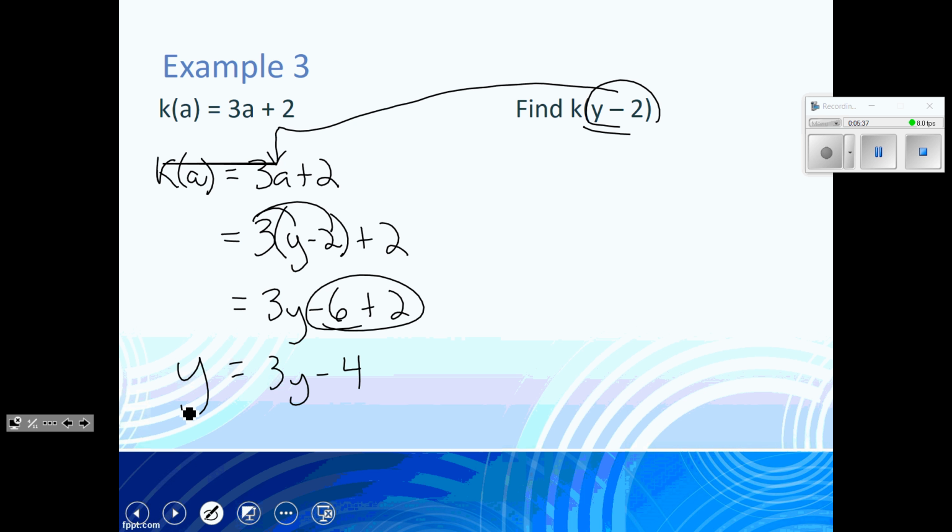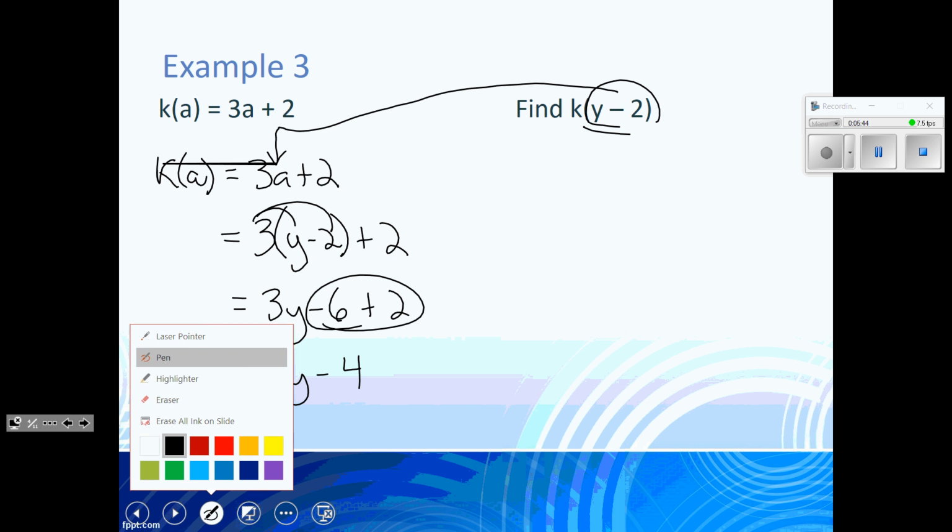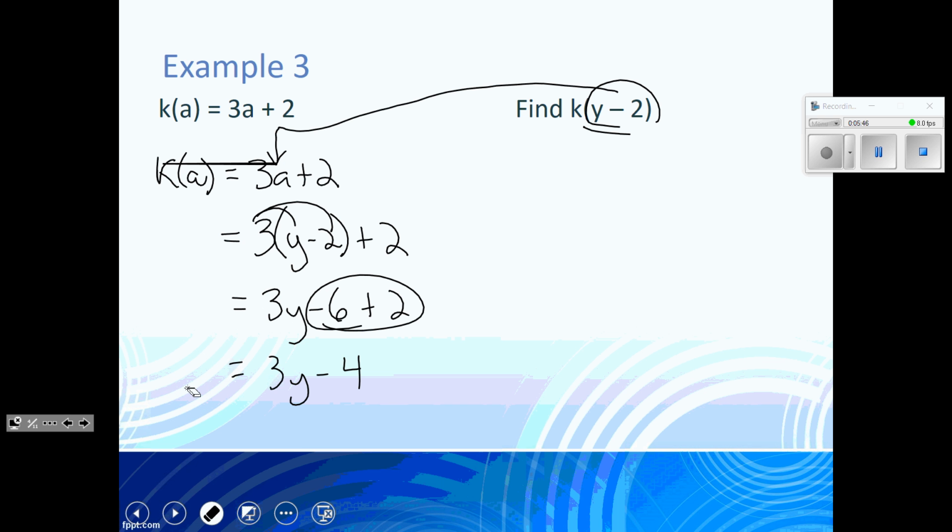This y is different than that y. This y means the output. So what you may want to do in this case is just leave this. What am I plugging in for a? I'm trading the a for y minus 2. I'm searching for the output when y minus 2 is the input.